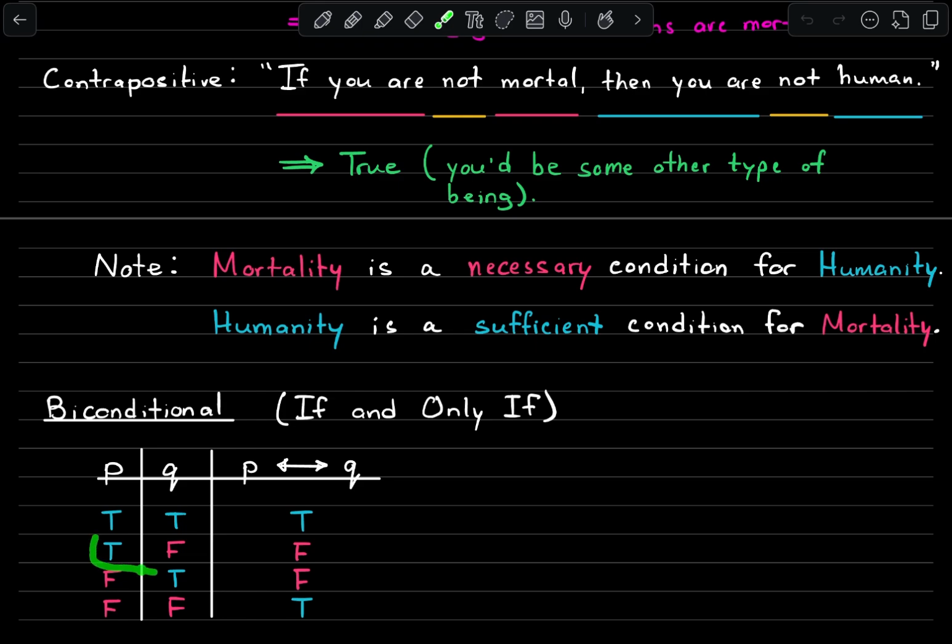If either one is false, then the biconditional statement will be false. And now if both are false, the biconditional statement will be true. So in this case, what we really can conclude is that both propositions, P and Q, have to have the same truth value in order for the biconditional to be true.